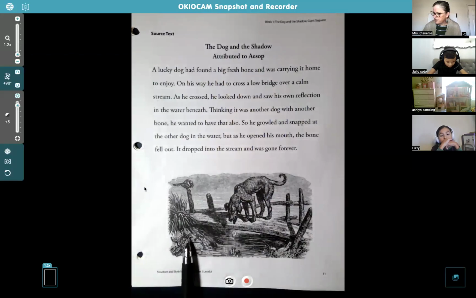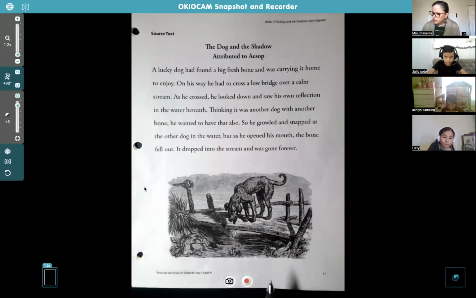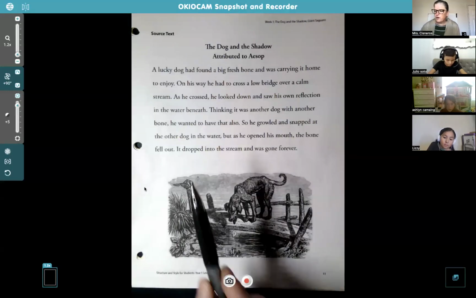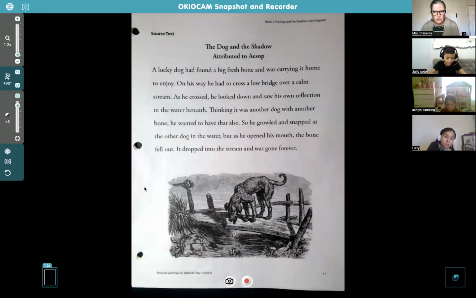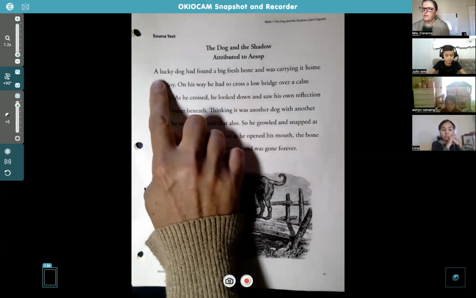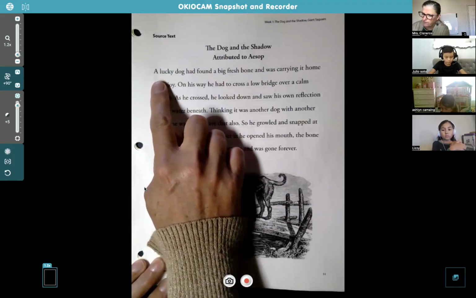Maybe some plants and rocks near the water. But the doggy's cute. He's got a little curly tail. He looks a little skinny, so maybe he's been out looking for food for a while. I don't know. But anyway, we're going to read the story, and then I want you to be thinking of the lesson that you can learn from it about life. Okay, you can look at yours while I read this one.